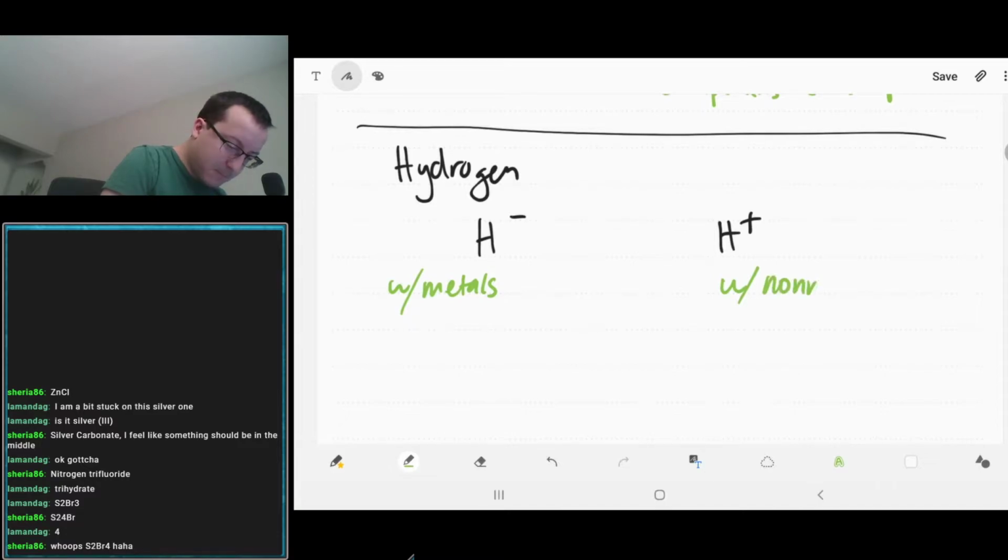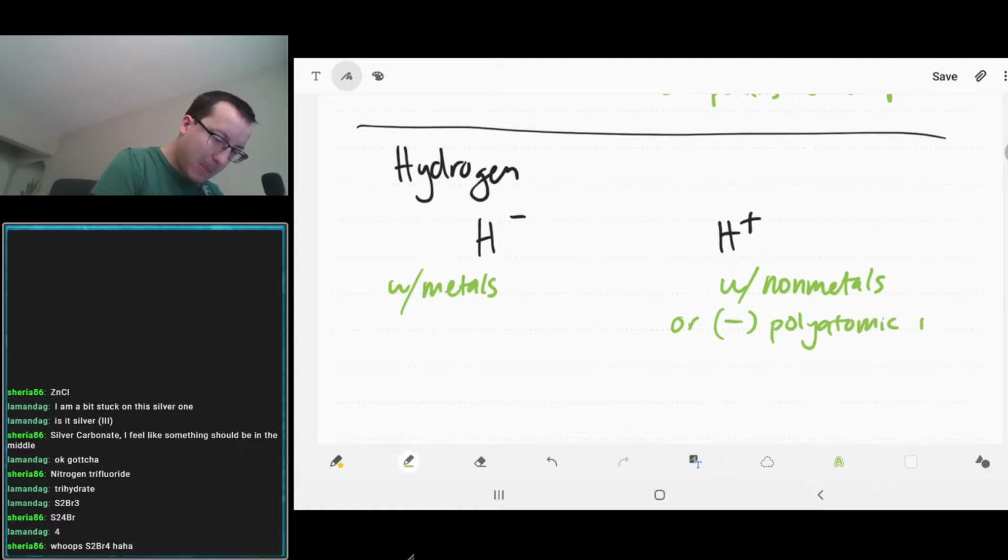We're going to see that when we mix hydrogen with metals, we will form the H- ion. And if we put hydrogen with non-metals, or negative polyatomic ions, it will be a positive ion. These, of course, are called hydrides.